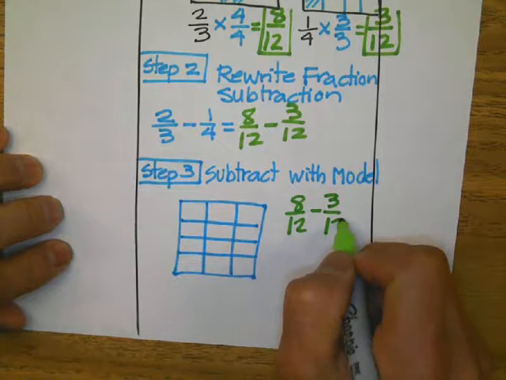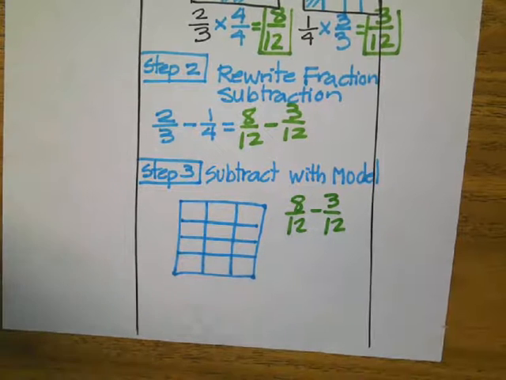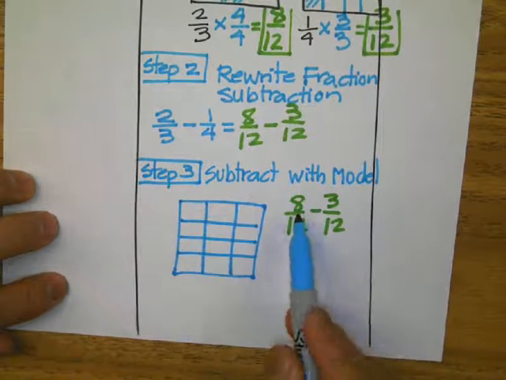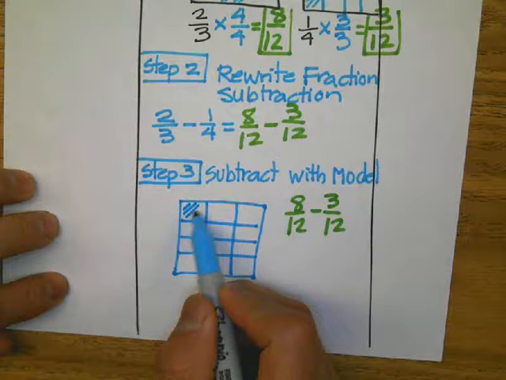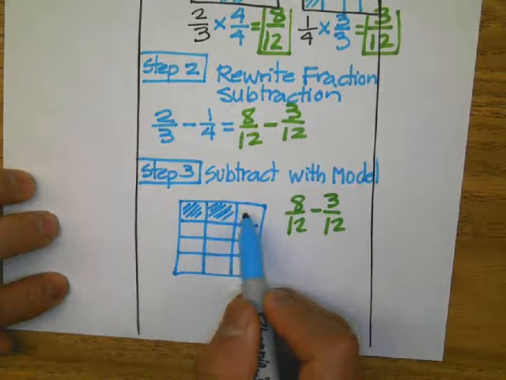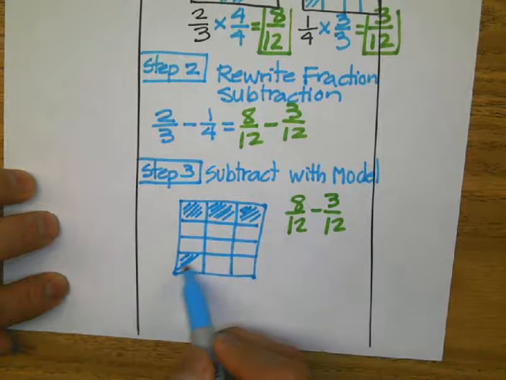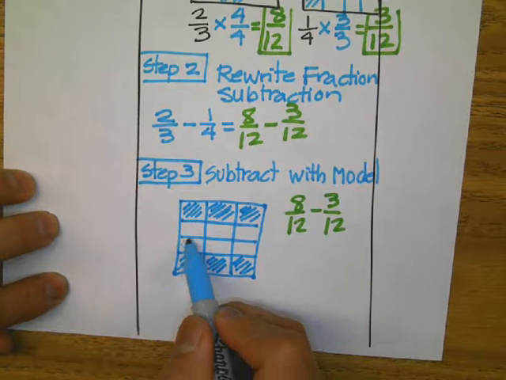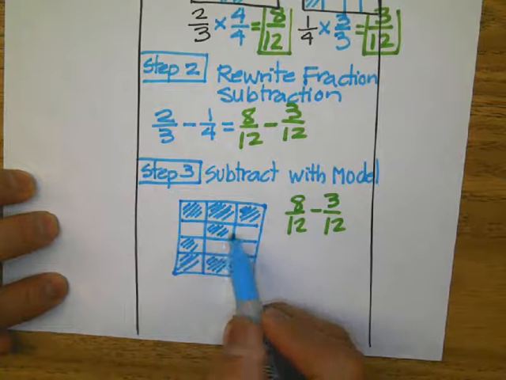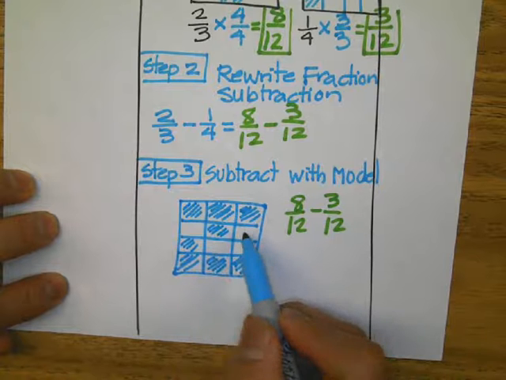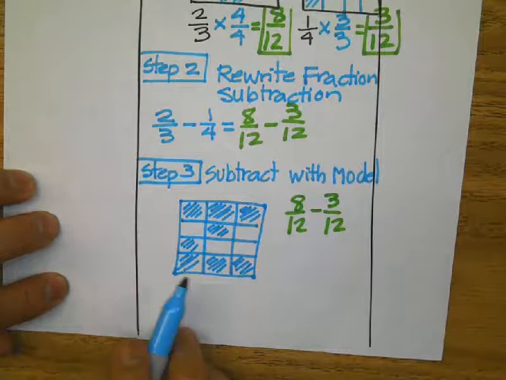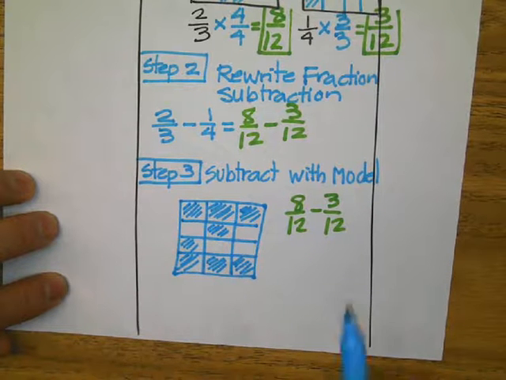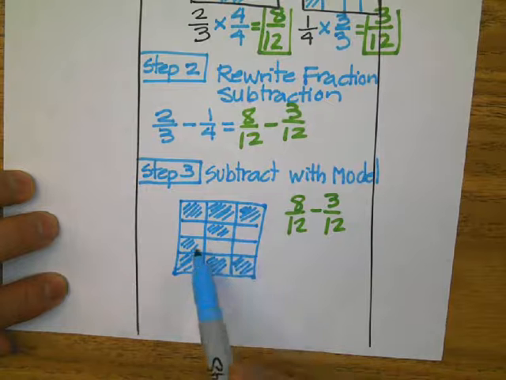So here's the fraction. The fraction says we have 12. And we have to subtract, mark 12 of them. 1, 2, 3, 4, 5, 6, 7, 8. Okay, that's 8. So this one says out of the 12, we have 8 highlighted. 1, 2, 3, 4, 5, 6, 7, 8. Perfect, that's 8.